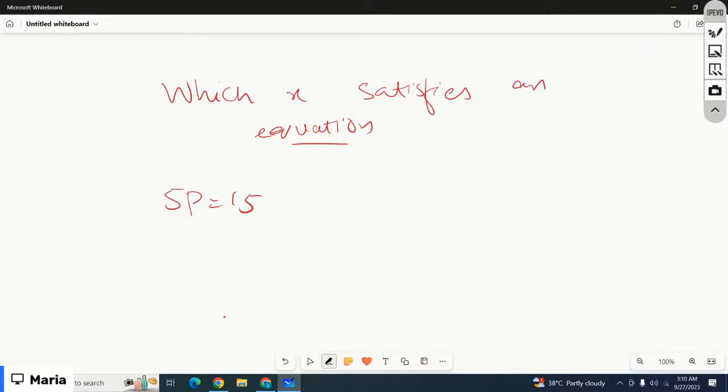You have to solve this equation for p. Solve for p means you have to evaluate this equation and calculate the value of the variable p. How do we solve the equations? You have 5p equals 15 and you have to calculate the value of p.